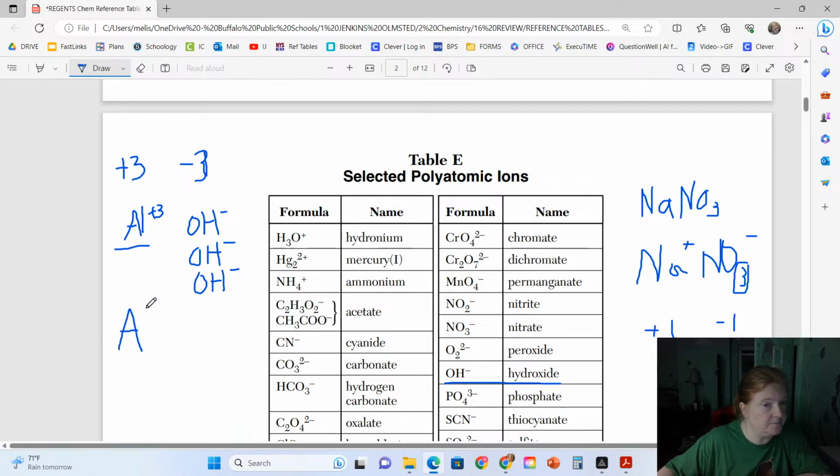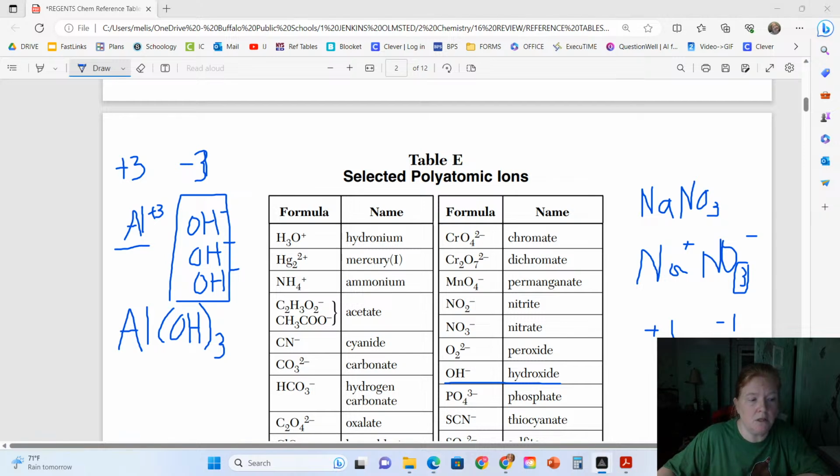So I just write Al. What else did I need? I needed 3 of these, right? So OH in parentheses, because it came from table E, and put the 3 outside. Okay? What I often see when people crisscross is that they just put the 3 outside the hydrogen and forget the parentheses. So I just teach it visually like this so that students can see that you needed 3 of the whole OH thing. Okay?